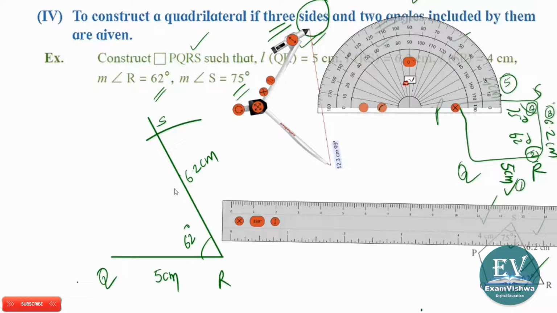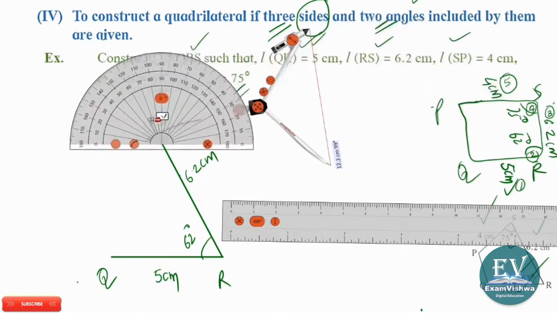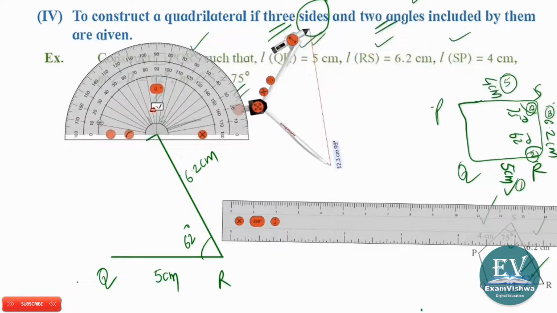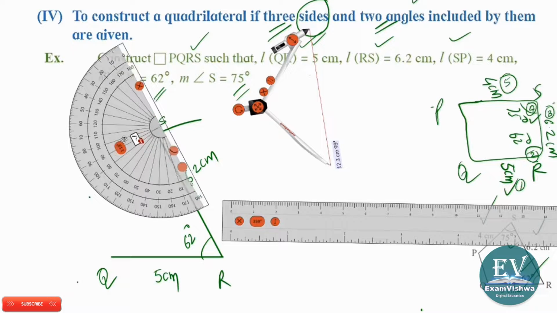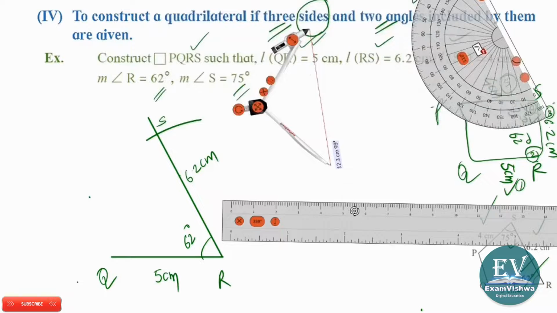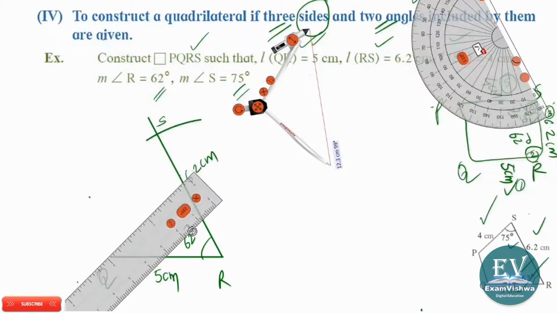Now we need to take another angle of 75 degree over there. From here 0, 10, 60 and then to 75 from the left of my protractor. Yes, 75 here. Okay. Now take the scale and let this line pass through 75.